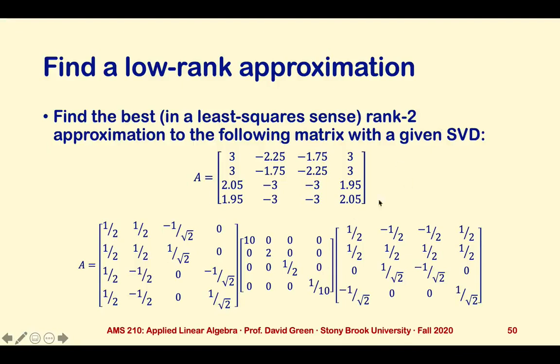Our matrix is here. Our singular value decomposition is here. This is a bit of a messy singular value decomposition. Not messy as far as arbitrary matrices go, but not something that would be particularly fun to work through by hand. So we have it given here, so we can focus on using the singular value decomposition rather than finding it.